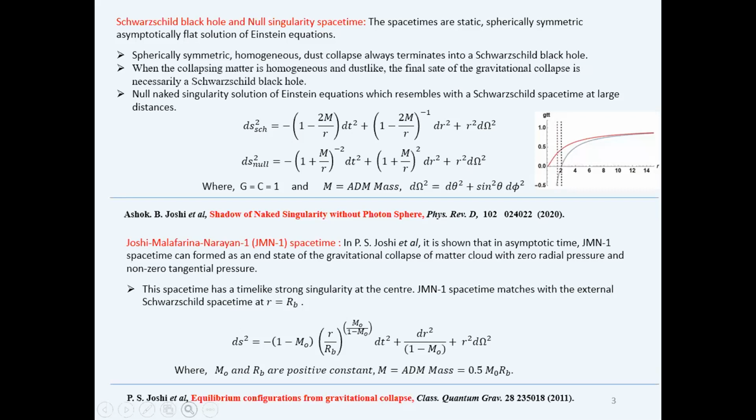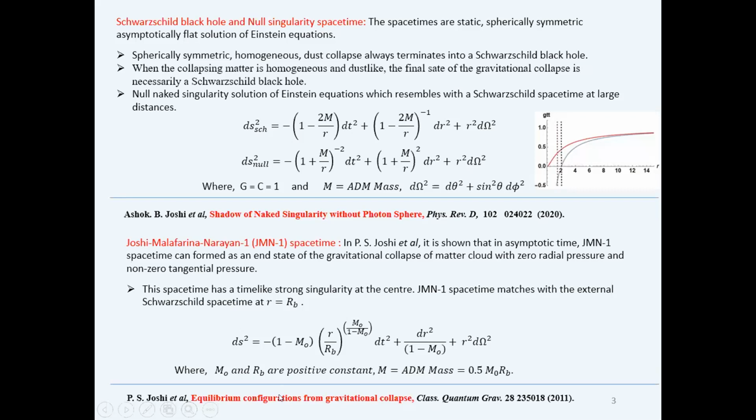This spacetime has a time-like singularity at the center, and the JMN spacetime matches with the external Schwarzschild spacetime at R equal to R_b. The full study of this spacetime is given in this paper.